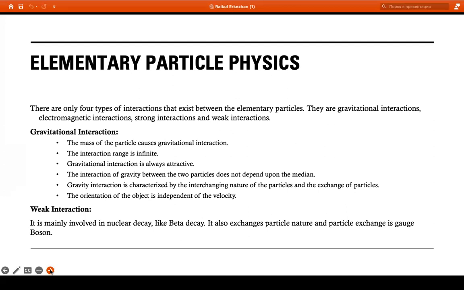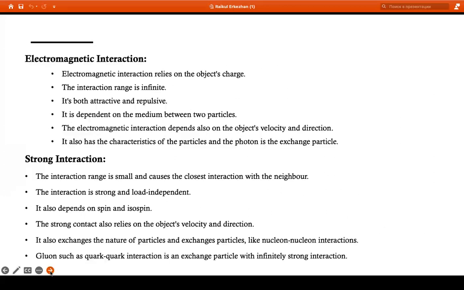It also has an exchange particle nature. The electromagnetic interaction acts on the charge of the object, and it also has the characteristic of exchanging particles. The strong interaction also depends on spin, and on the object's velocity and direction.